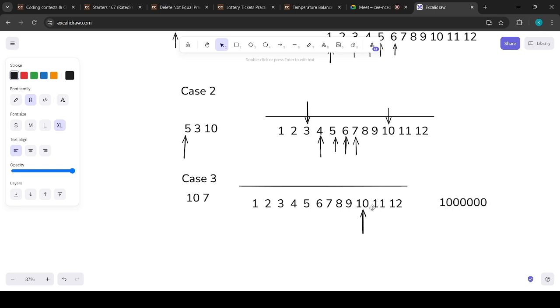So if any number from 10 to 10 raised to 6 occurs, then Chef will win the lottery.